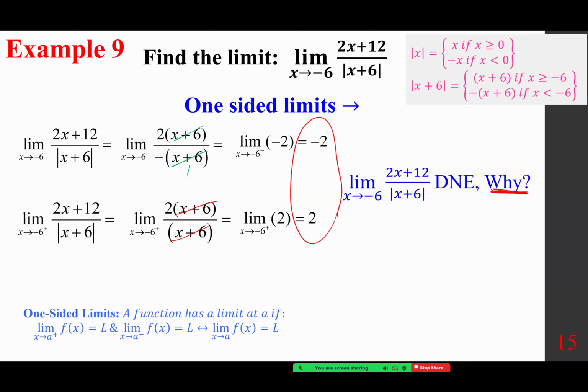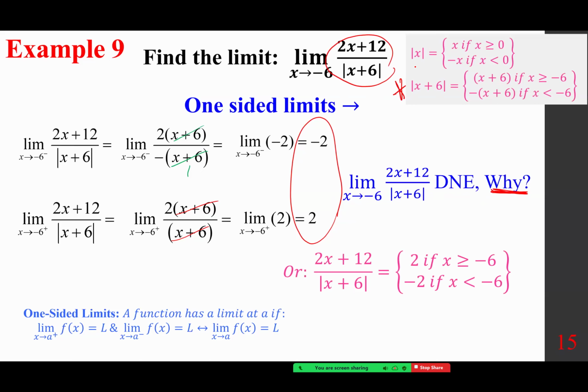A second method would be to simplify this expression first using this. So that expression, and I hope you realize this, 2x plus 12 over absolute value of x plus 6 becomes 2 if x is greater than or equal to -6, and it becomes -2 if x is less than or equal to -6.